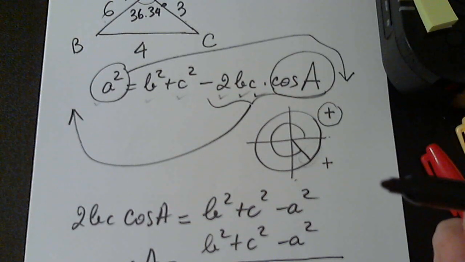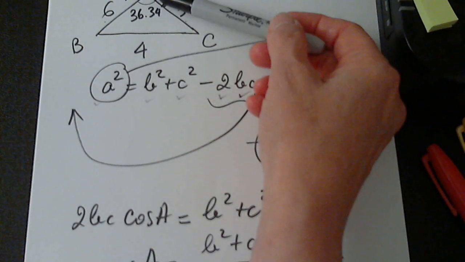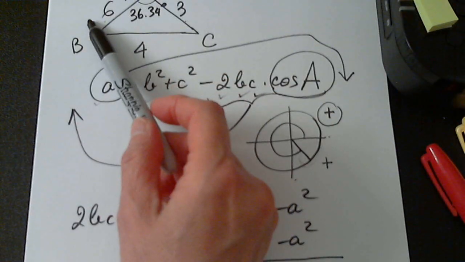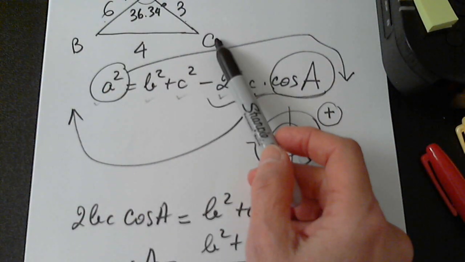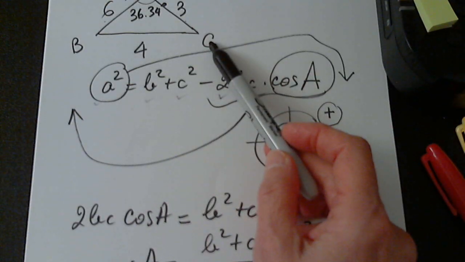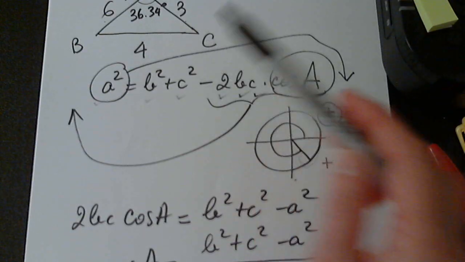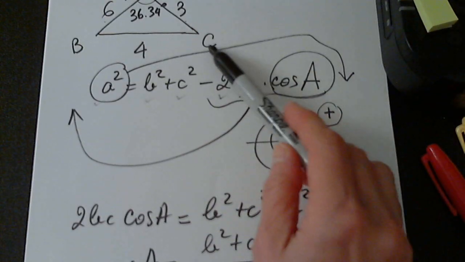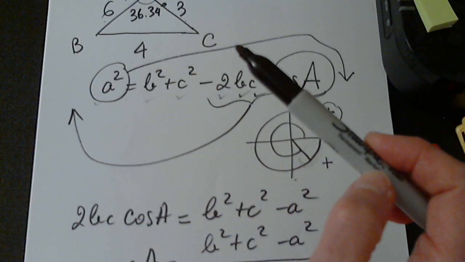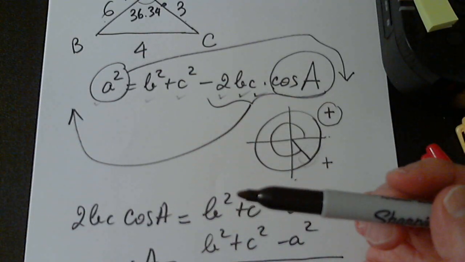Now we can write sine 36.34 over 4 equals sine C over 6. So we can determine C. Or we can use L'Hopital's rule to find, not L'Hopital's rule. Sorry, I'm thinking of calculus 1 for a moment. Sorry, we are using law of cosines to determine C. So which route do you want to continue with?